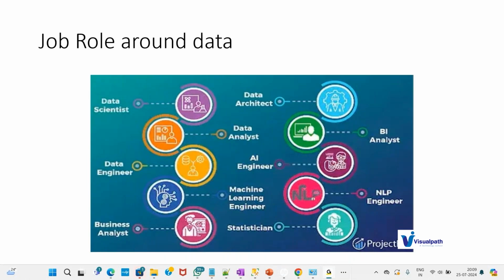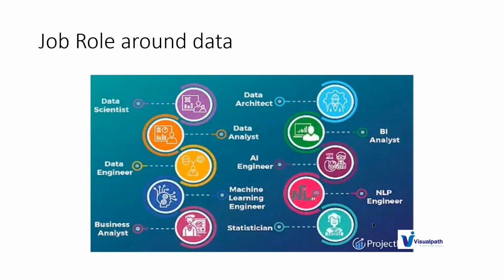When we talk about data, the job roles around data are primarily of these kinds: data scientist, data architect, data analyst, BI analyst, data engineer, AI engineer, machine learning engineer, NLP and neural network processing engineers, then business analyst, statistician, and many more. At the end of the day, all these job roles need data. We have data available in various formats.